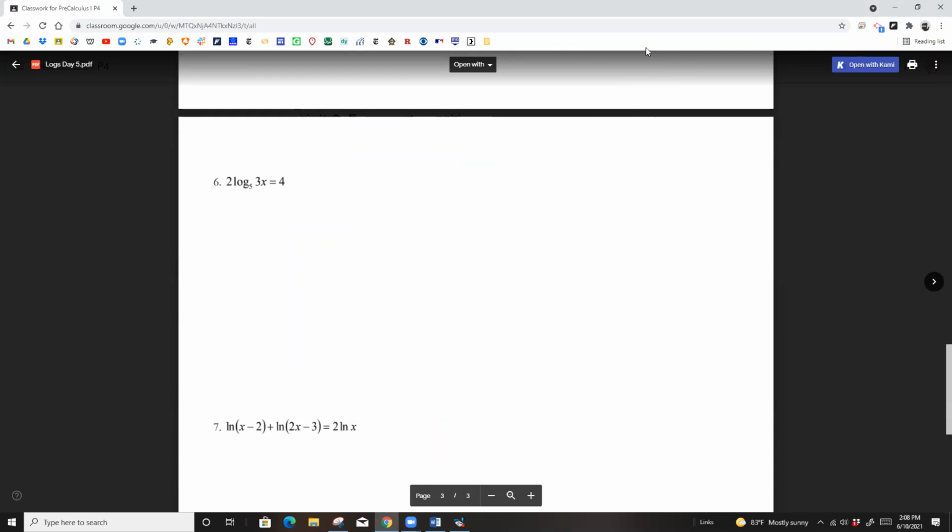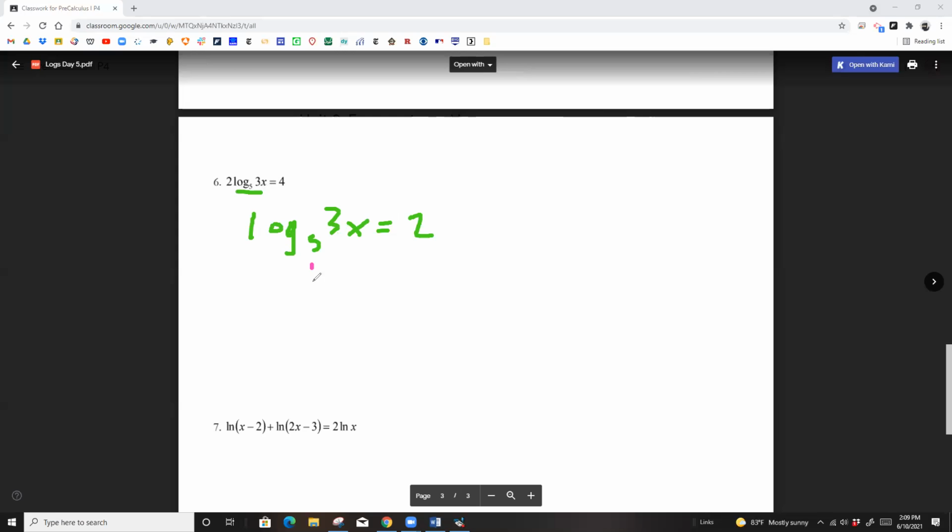6, very similar to number 4, the one we did 2 problems earlier. All right, so you can divide both sides by 2, because we always want to isolate either the log or exponential expression first. So we do that by dividing both sides by 2. All right, then once it's isolated, put it into exponential form.